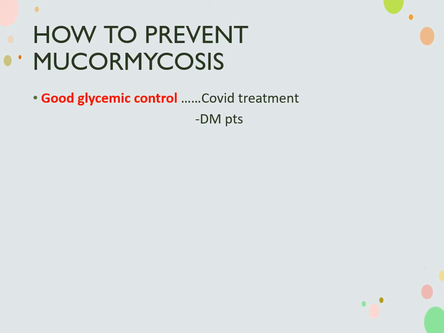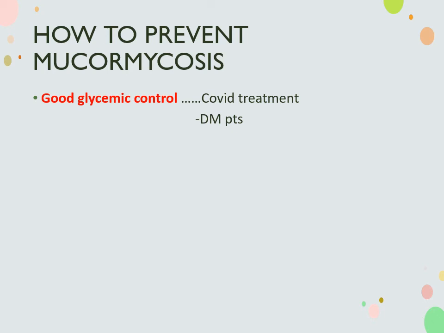I have already told you that COVID itself is a condition where the sugar level increases in the body. If the patient has diabetes, we monitor the sugar level, and if the patient is on steroids, that also increases the sugar level.